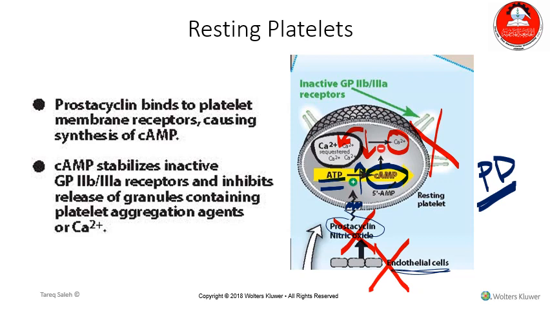This will result in the opposite of what happens during the resting state, in that there will be less cyclic AMP and more calcium inside the cell. Elevated calcium levels inside the resting platelet will allow platelets to aggregate at the site of injury, and that is the first step that initiates platelet activation and aggregation.